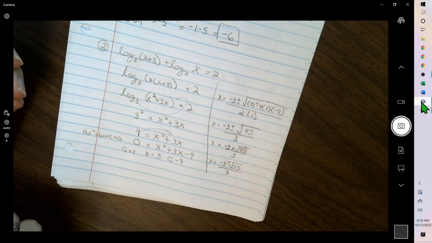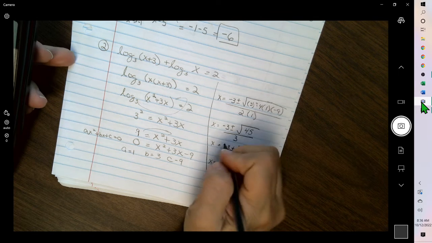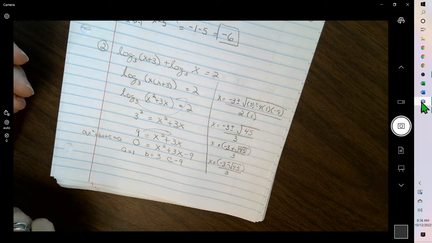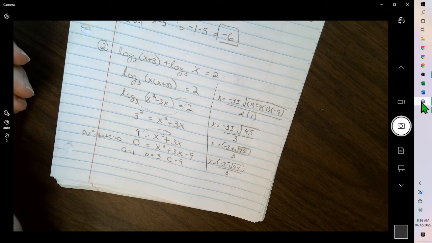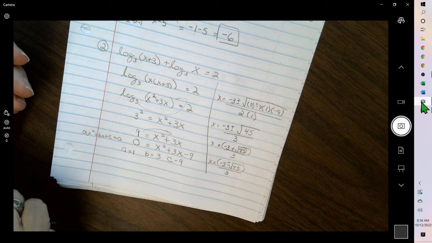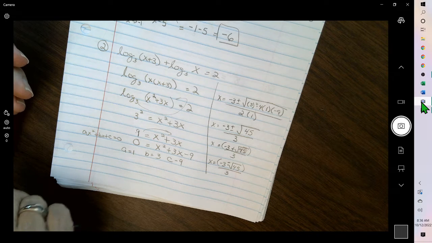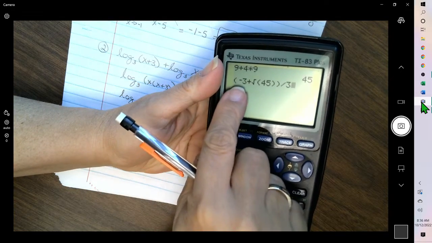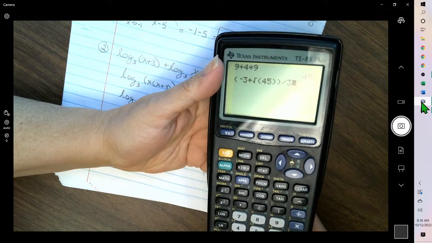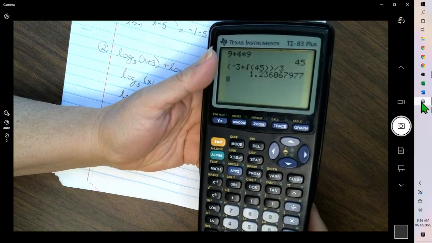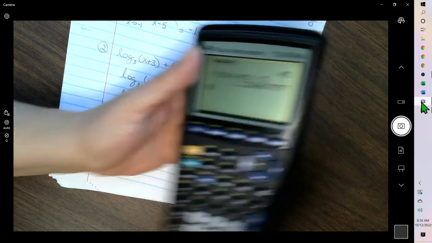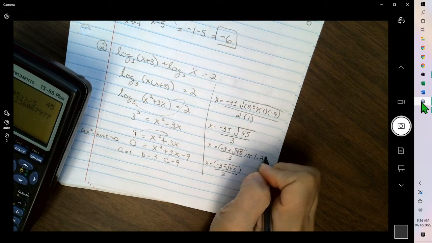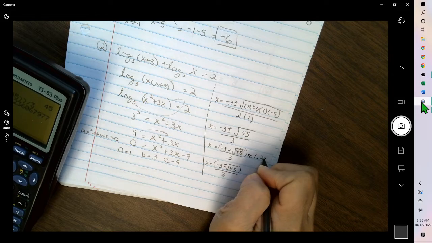If you're putting it all in at once, you need to put the numerator in parentheses. -3 plus the square root of 45 divided by 3. So the top needs to be in parentheses. I'm going to round it, 1.236.